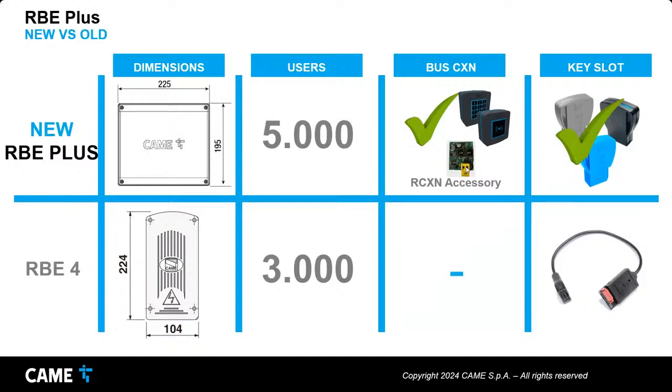We have the key slot finally. When you use the Kame key to configure the RBE Plus, or when you remove the Kame key in order to place the slave gateway, the Wi-Fi one or the radio one, there is a proper key slot, which doesn't require the cable adapter anymore, like it was with the RBE4.